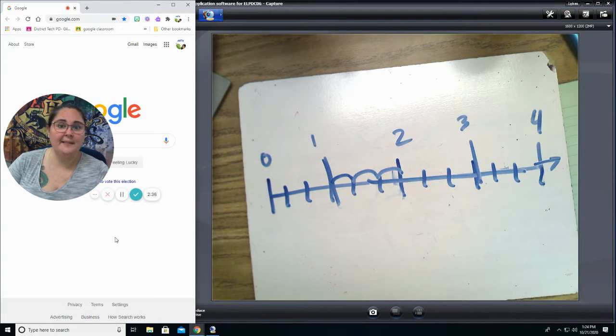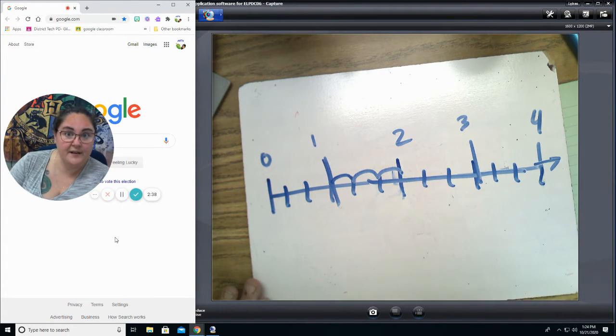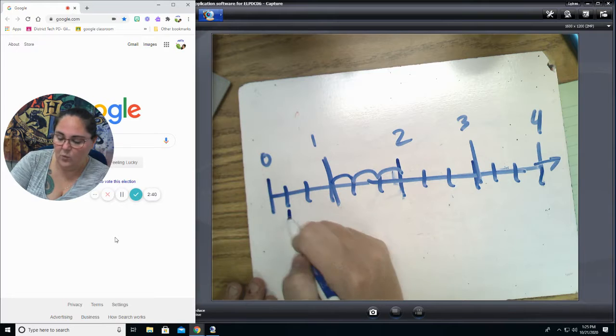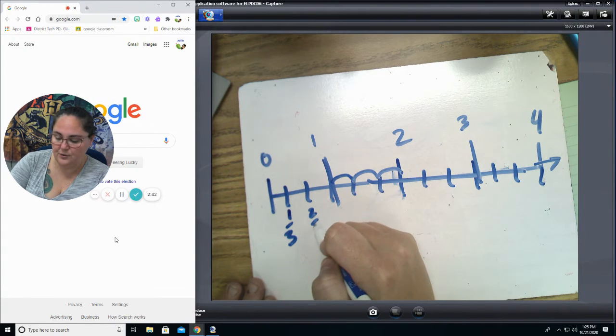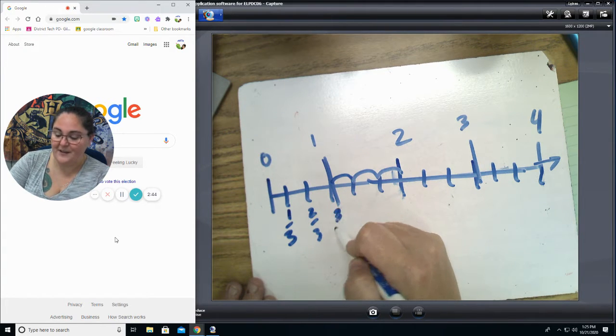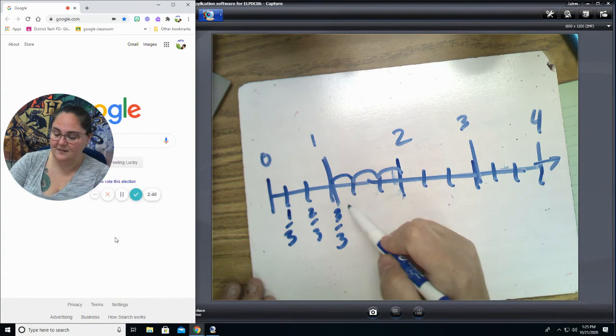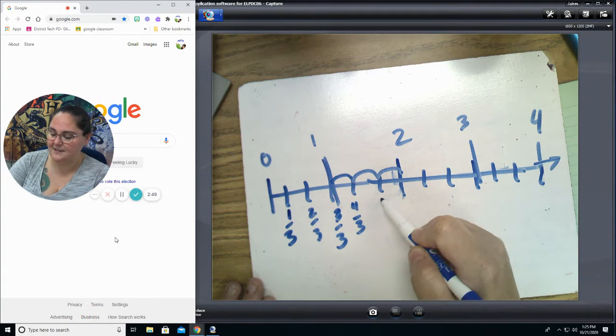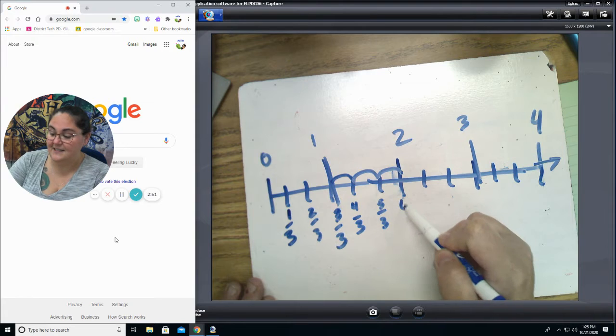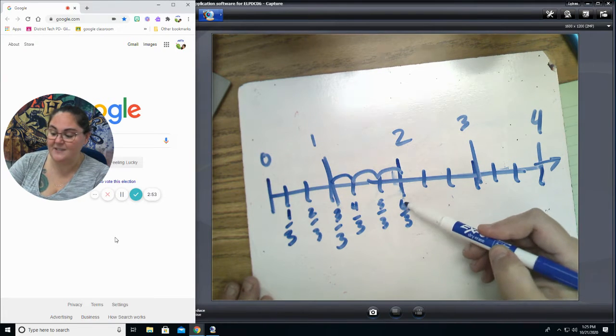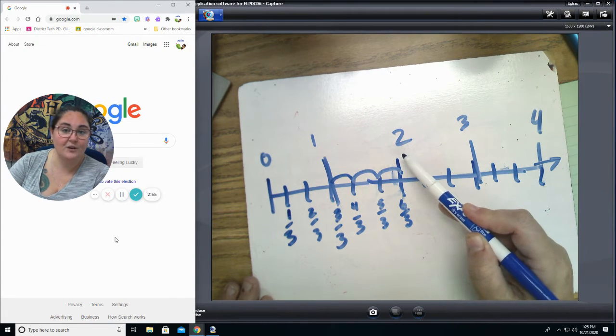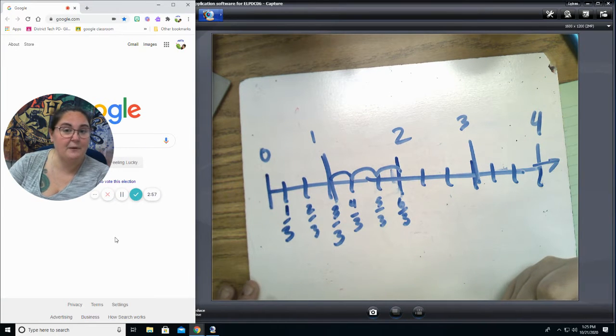So that's going to help me label my number. Okay, so I know that it's broken into thirds. 1 third, 2 thirds, 3 thirds, I know is a whole, 4 thirds, 5 thirds, 6 thirds. I know if I do 6 divided by 3, my answer is 2. So that helps me check to make sure I'm on the right path.